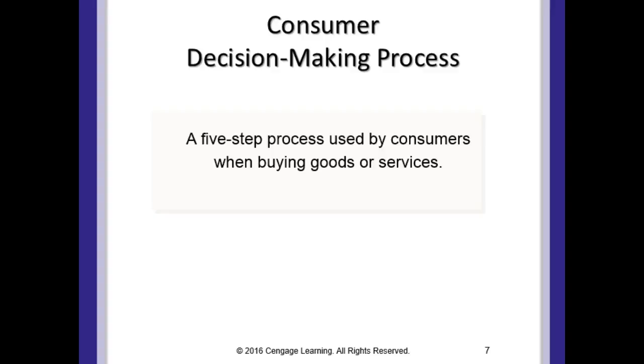This is used primarily more as a guideline for studying how consumers make decisions. You don't always have to go through all the steps. You don't even have to go through them in order all the time. Sometimes you even go through this and don't decide to make the purchase.